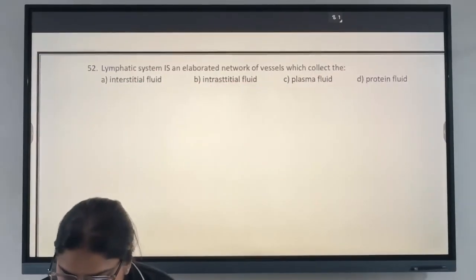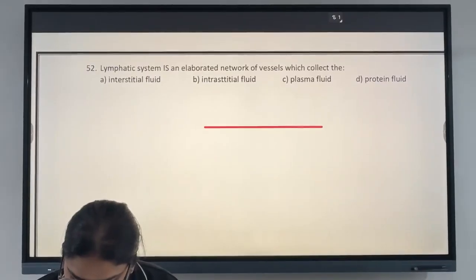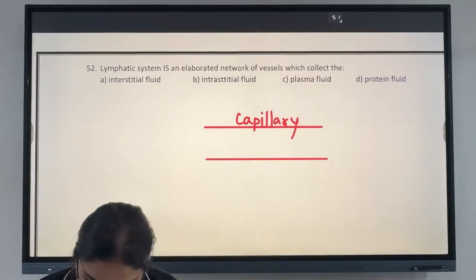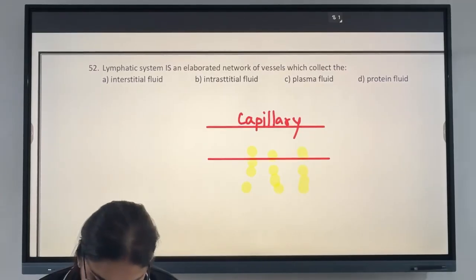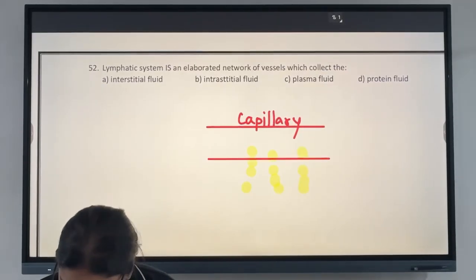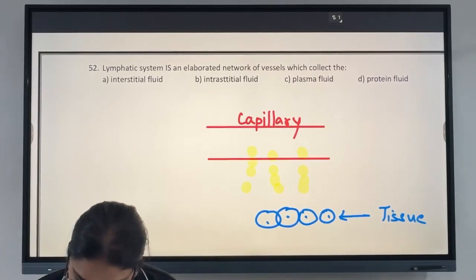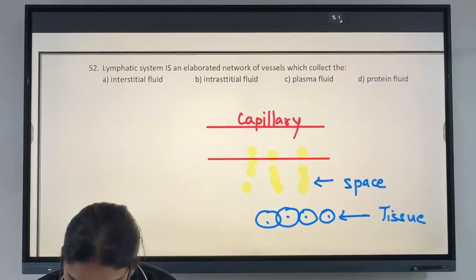If you can recollect the formation of lymph, this is a blood capillary, and the substances that leak out of the capillary into the tissue space, where these are cells of the tissue, this fluid is now called the interstitial fluid.